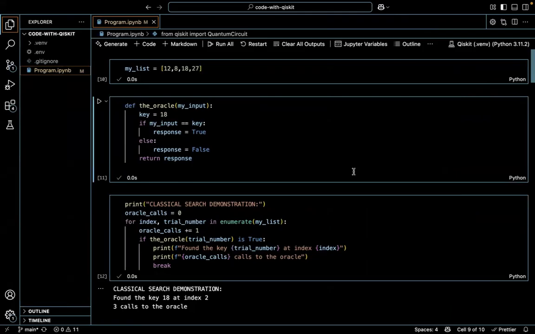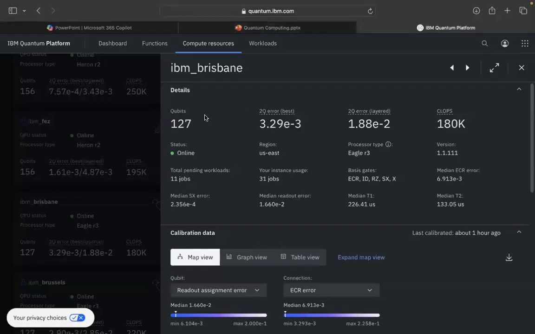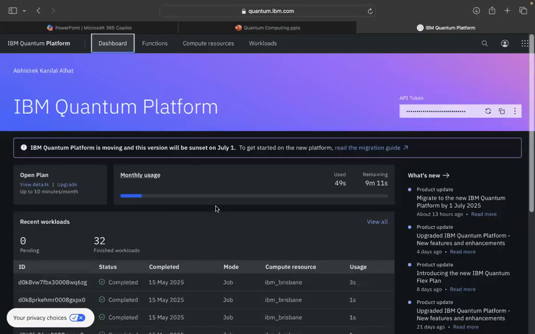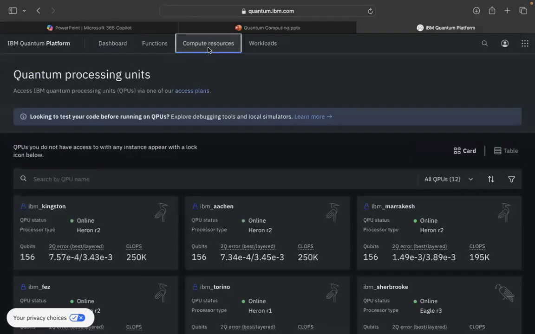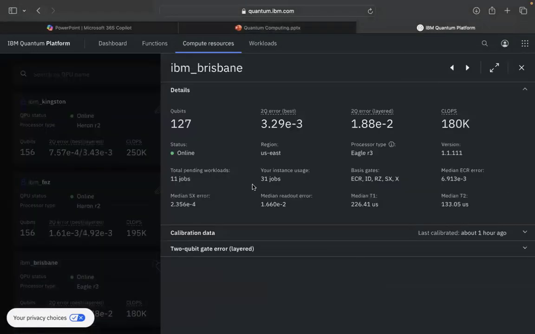We will execute our program and do output evaluation using IBM's quantum processing unit. Before moving forward with the code, I will head to IBM's quantum platform. Here in the Compute Resource tab, we can check IBM Brisbane and its specification.